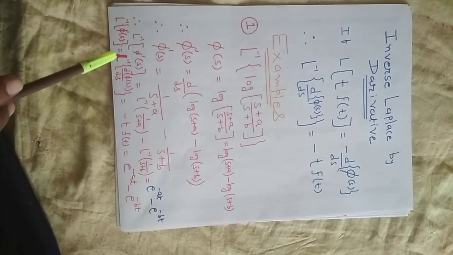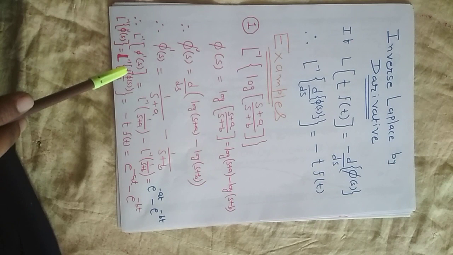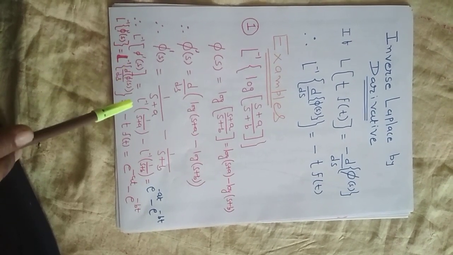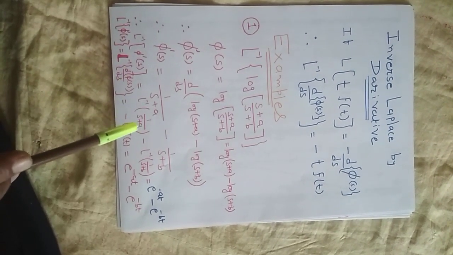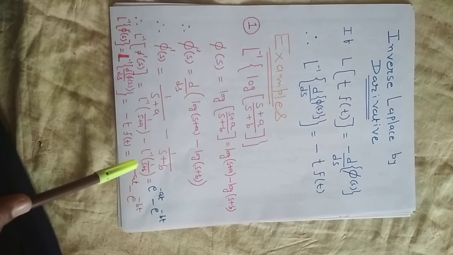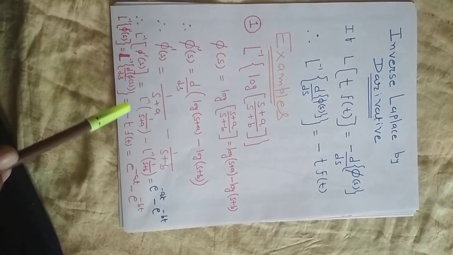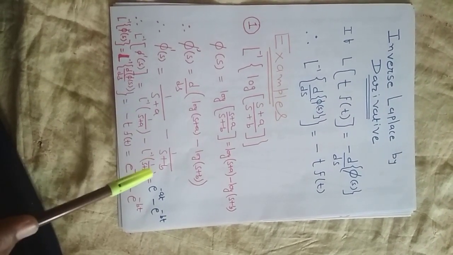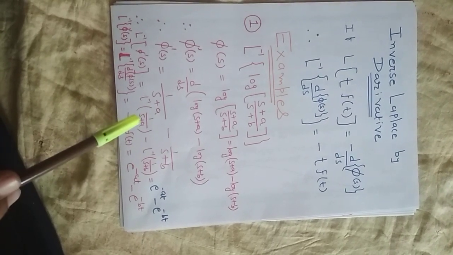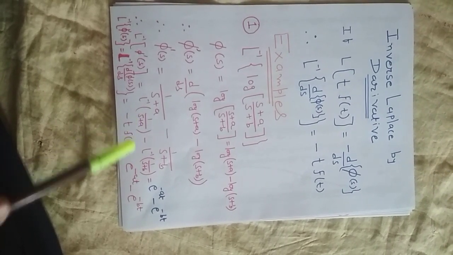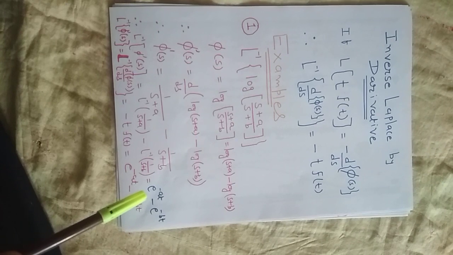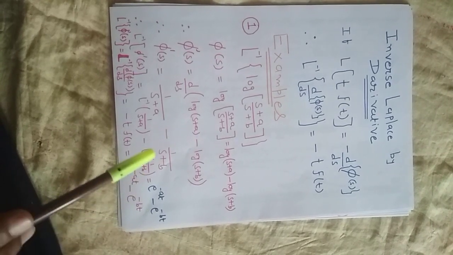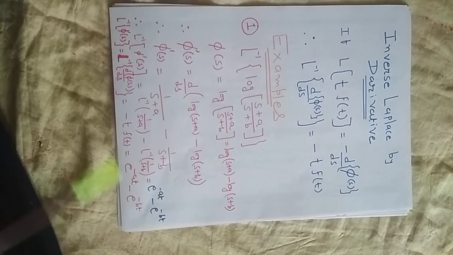Now taking the inverse Laplace of both sides, the inverse Laplace of phi dash s equals inverse Laplace of 1 upon (s plus a) minus inverse Laplace of 1 upon (s plus b). Now these two inverse Laplace are known. The inverse Laplace of 1 upon (s plus a) is e raised to minus at, and the answer of this part is e raised to minus bt.